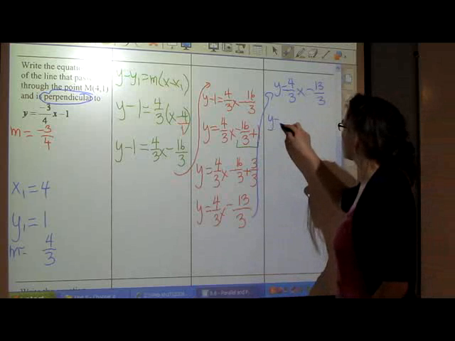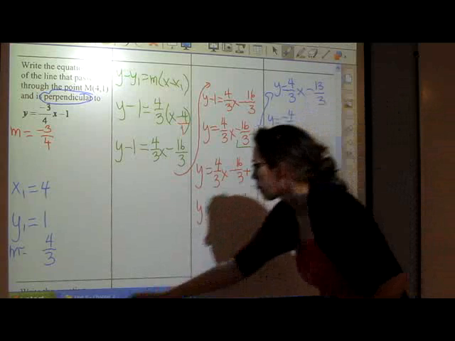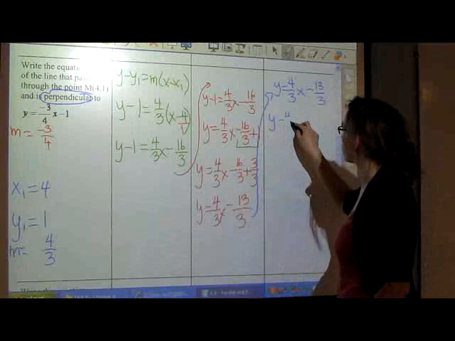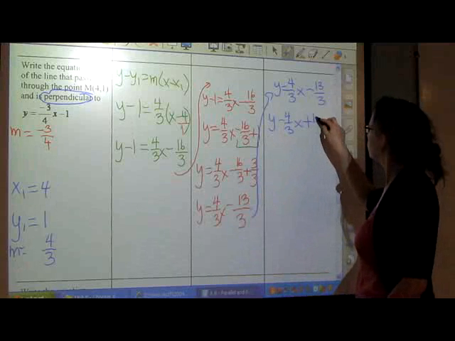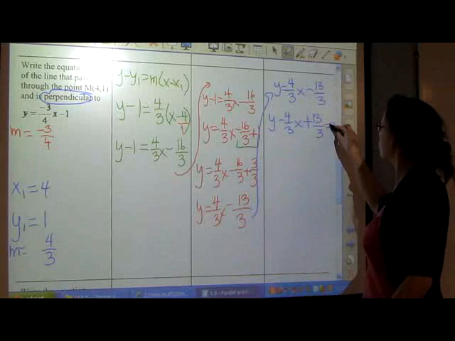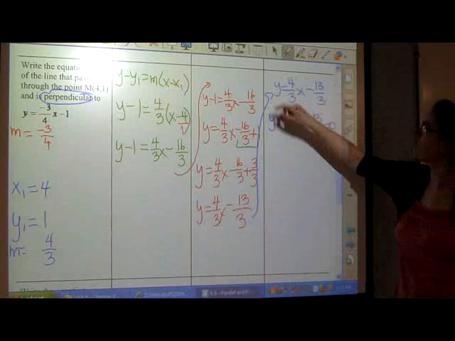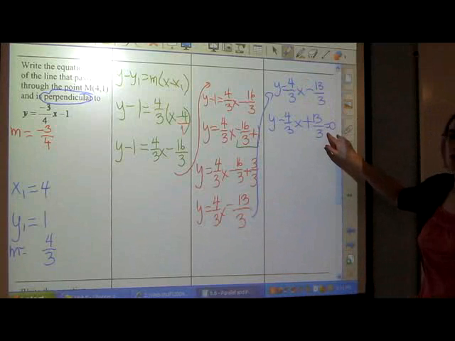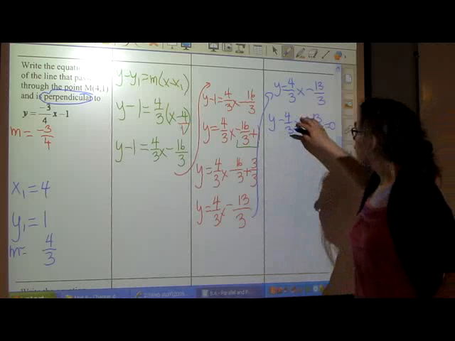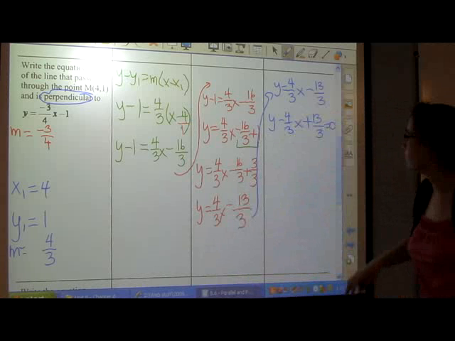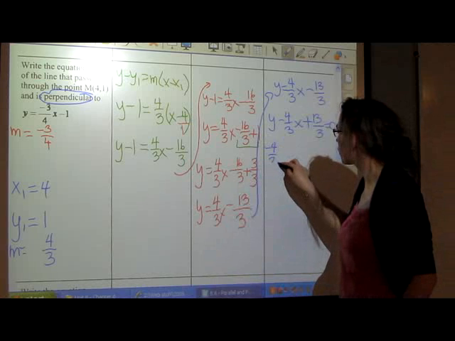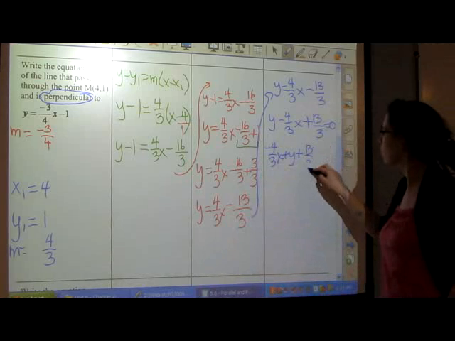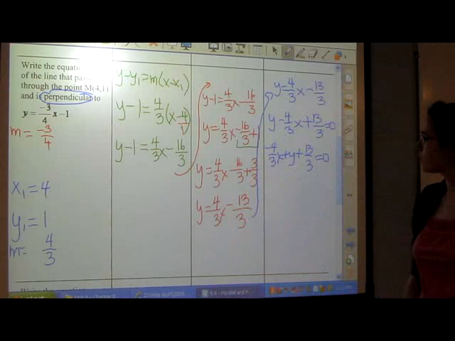So we get 0 = -y + 4/3 x - 13/3. Again, remember when you move it to the other side of the equal sign, this plus becomes minus, this minus becomes plus, equals 0 on the right. Next thing, let's do this in alphabetical order. So we have -4/3 x + y + 13/3 = 0.